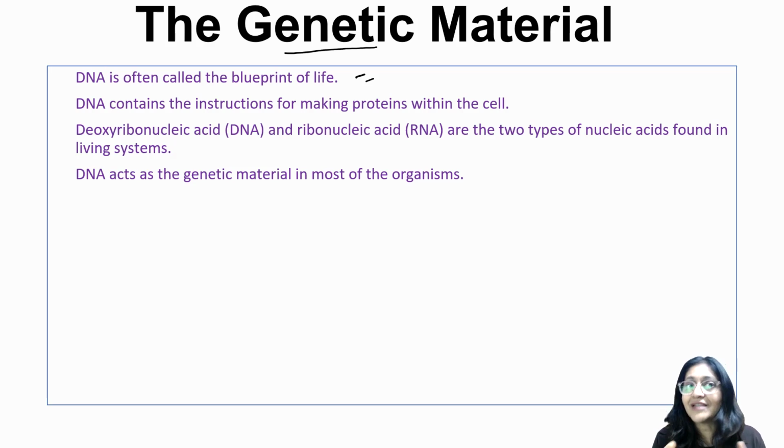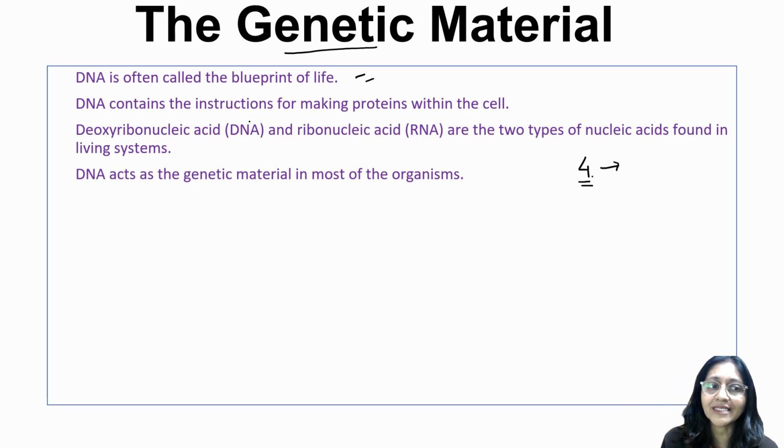So you can imagine like we have 26 alphabets in English and we create a lot of scripts. We can express our thoughts. Similarly, here you have four nitrogenous bases in the DNA or RNA, which hold all the information about ourselves.